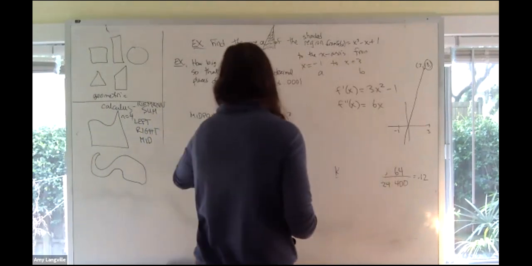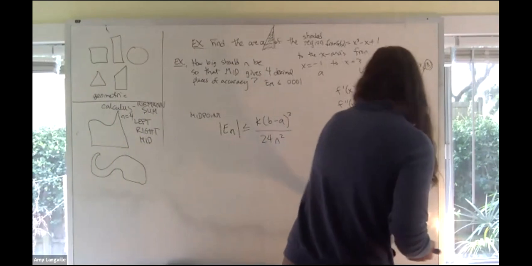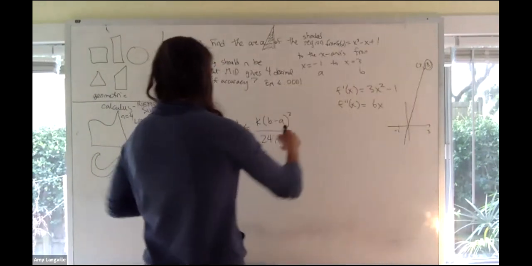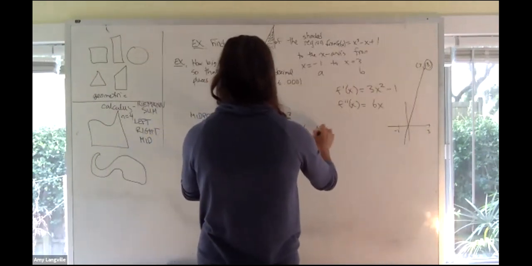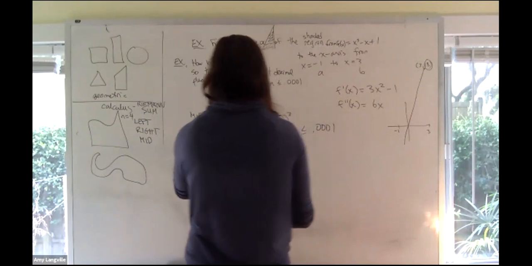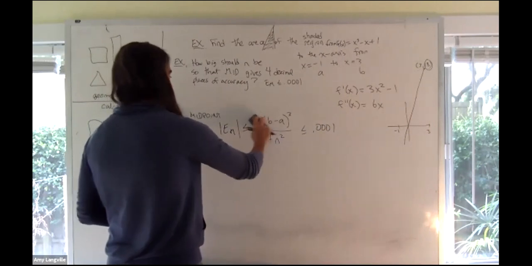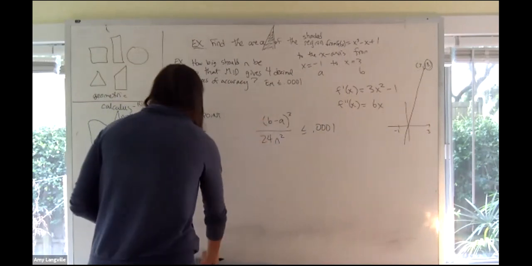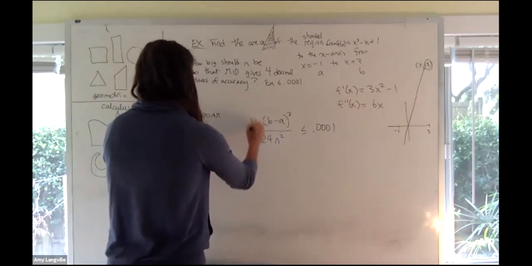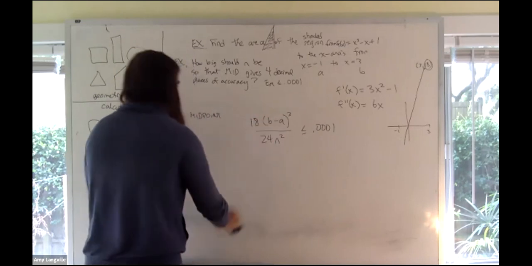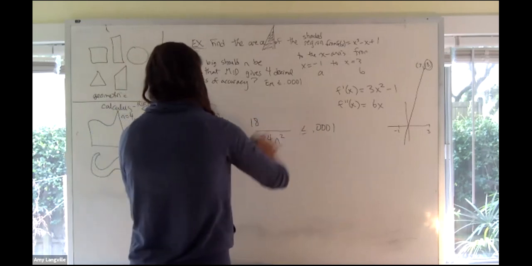So we want this to be less than 0.0001. We already found our k from before was 18. So we'll put in the particulars for our problem. B minus a cubed, that was 4, cubed is 64.